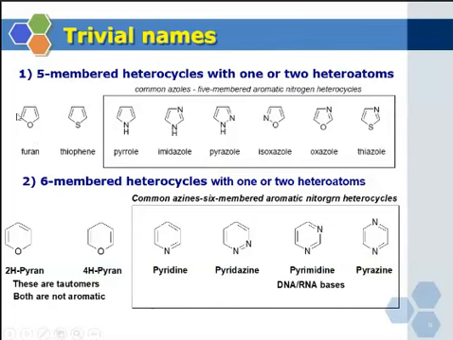For this heterocyclic ring, to be specific, a 5-membered heterocyclic ring with 1 oxygen in the ring as heteroatom, this heterocycle is called furan. If oxygen is replaced with sulfur, then we call the heterocycle thiophene.